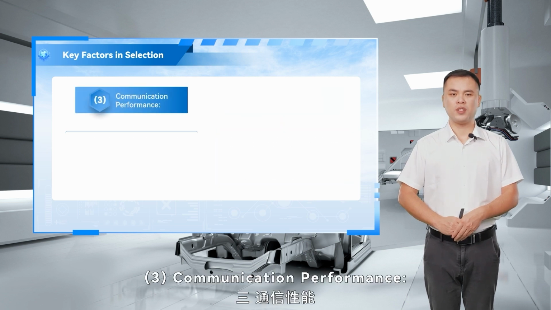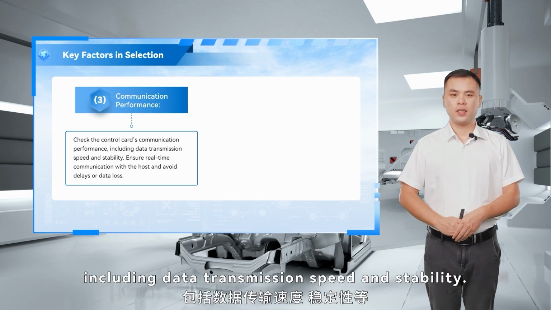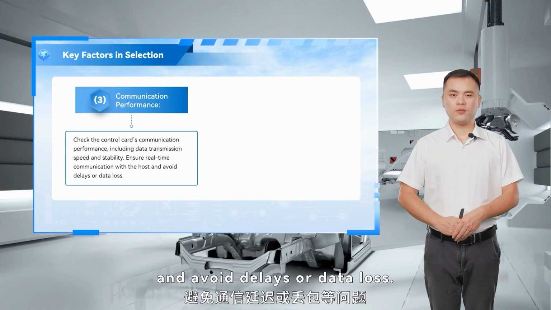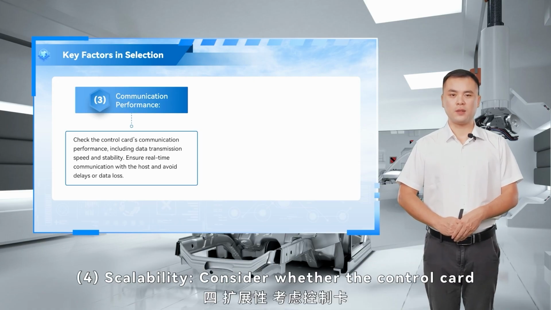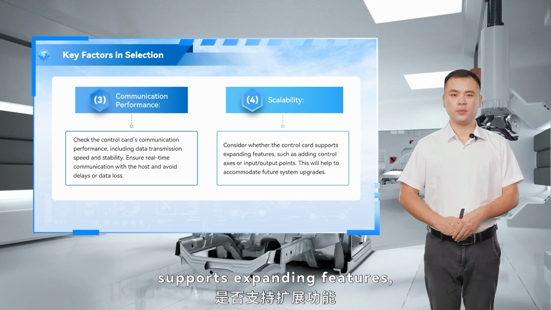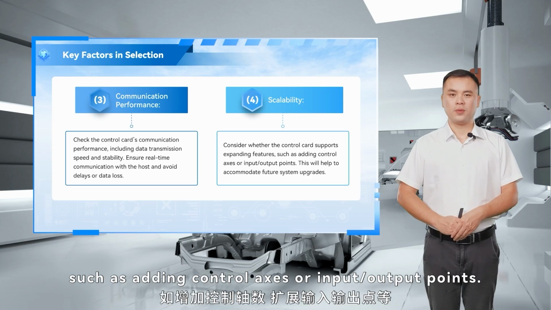3. Communication performance. Check the control card's communication performance, including data transmission speed and stability. Ensure real-time communication with the host and avoid delays or data loss. 4. Scalability. Consider whether the control card supports expanding features, such as adding control axes or input-output points.